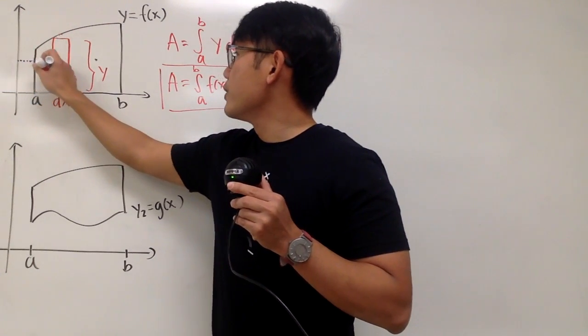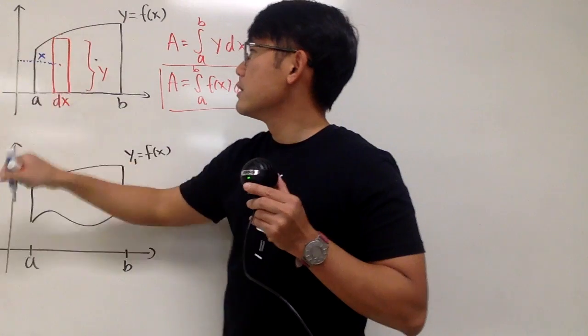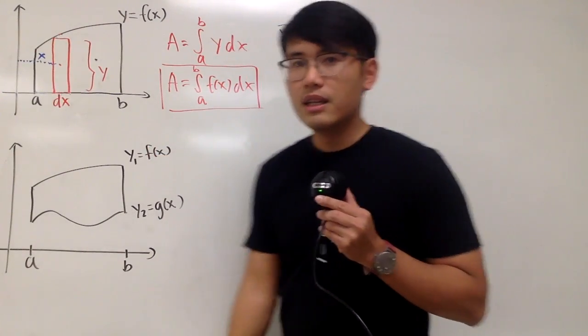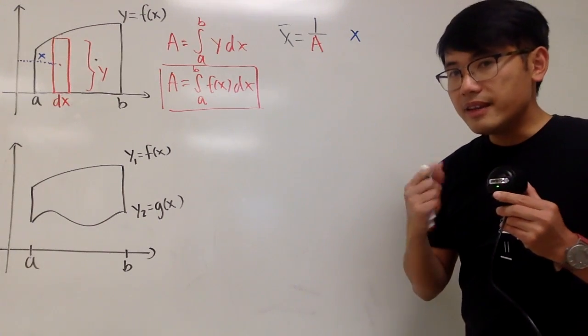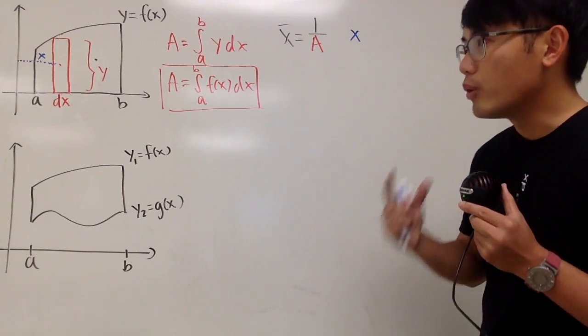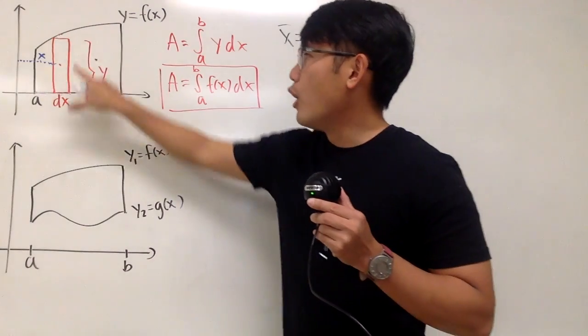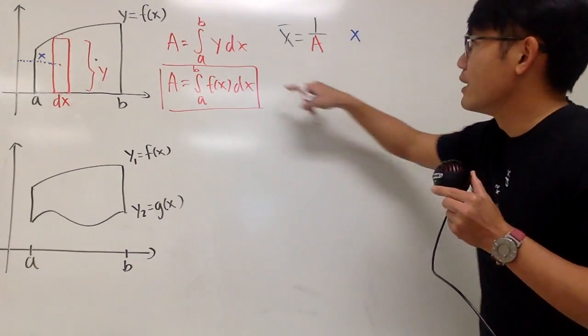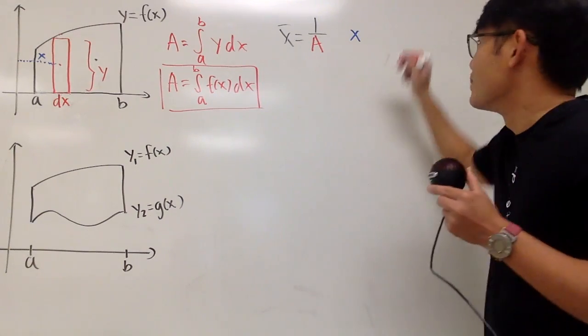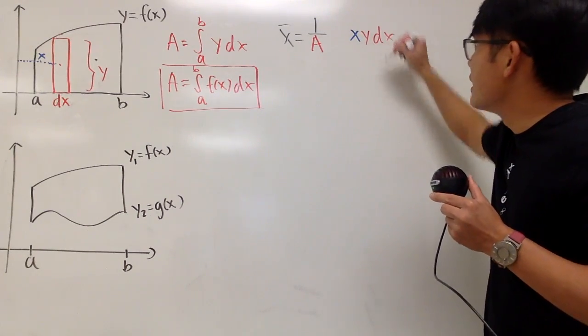This distance from here to here is just x. Horizontal distance is just x. So what we need is x. And the next thing we need is we actually have to multiply by the area of this red rectangle again. So I will just multiply by y dx. It's pretty much the idea, y dx.